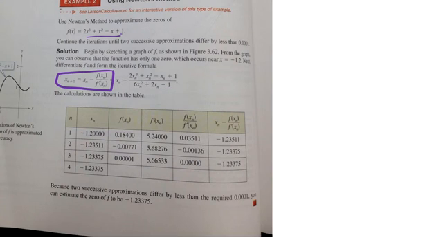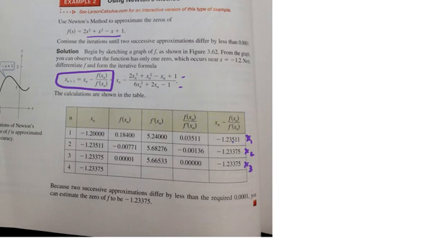This is your f of x and your f prime, and this is x sub 1, x sub 2, x sub 3, and they just did it in steps. Here's x sub n, f of x sub n, f prime, and then they divided it and subtracted to get each one of these.